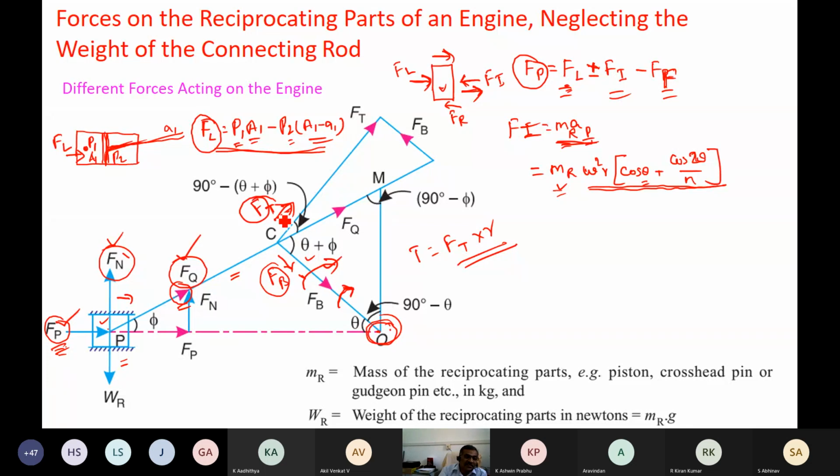So Ft into radius is the torque, and Fb is the force acting radially to the crank. That force is supported by the bearing, so Fb is called bearing thrust. Now we are going to calculate one by one.